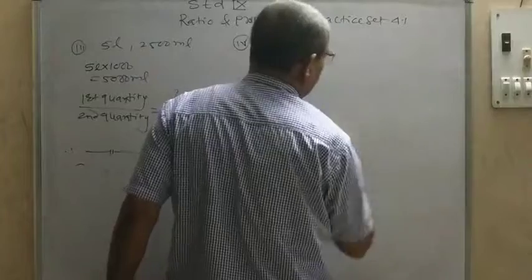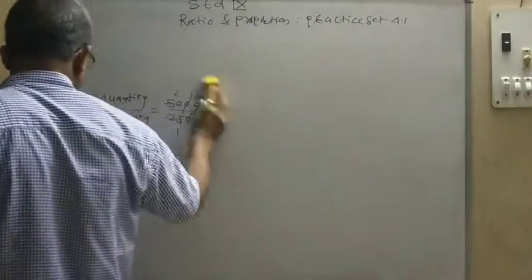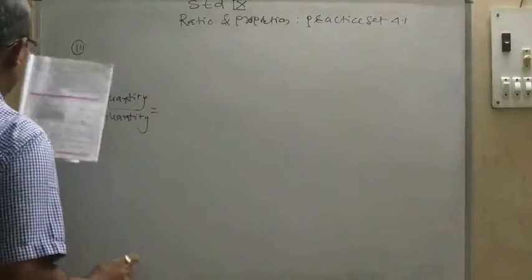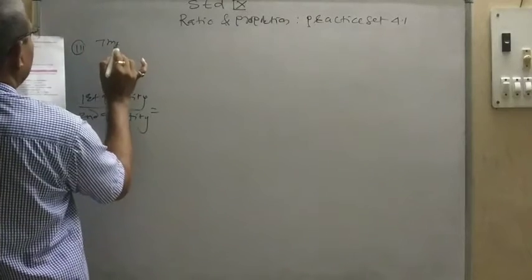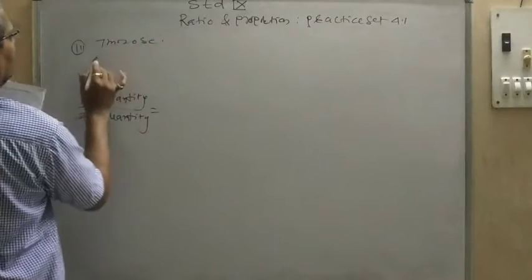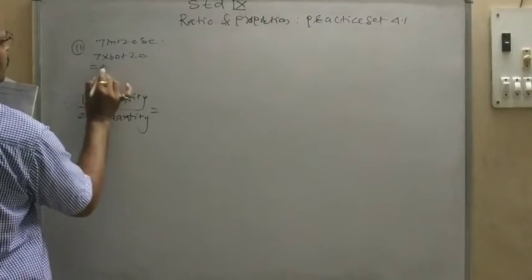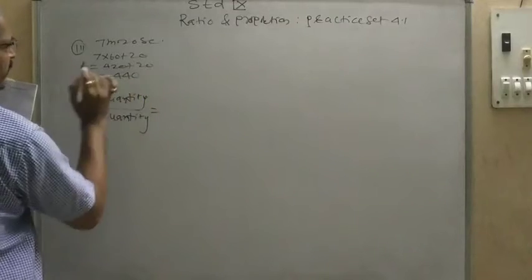Very simple sixth one. Please see and look carefully. What is asked? Minutes and seconds are given, that we have to convert into seconds. Means minutes should be converted into seconds. 7 minutes 20 seconds is 7 into 60 plus 20, 420 plus 20 means 440.